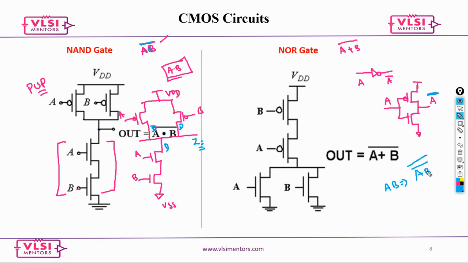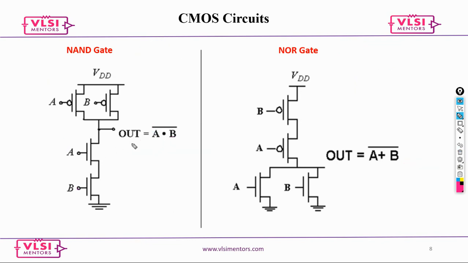Now, how can this be converted? AB double bar. You can build the equation for this first, and then build another circuit like this. We'll talk more about that, but let's understand the NAND gate first.